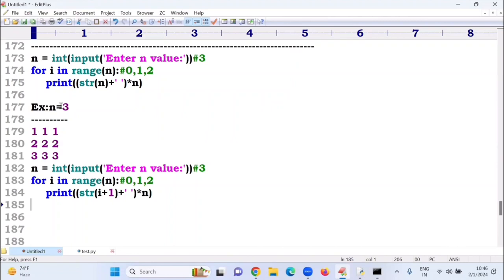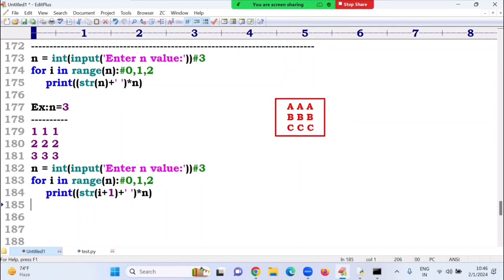Instead of numbers, A, second letter, third letter, this is required.